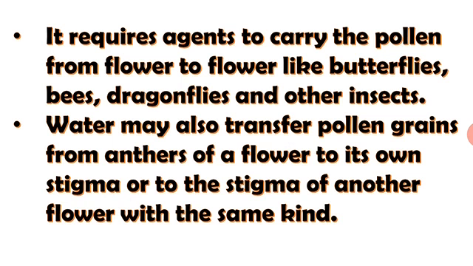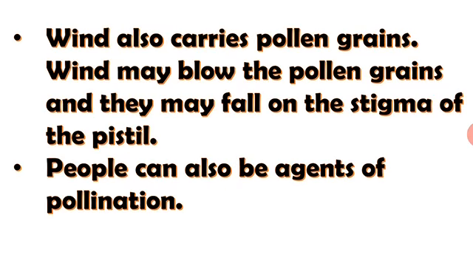So it requires agents to carry the pollen from flower to flower, like butterflies, bees, dragonflies, and other insects. Water may also transfer pollen grains from the anthers of one flower to its own stigma or to the stigma of another flower of the same kind. Wind also carries pollen grains.